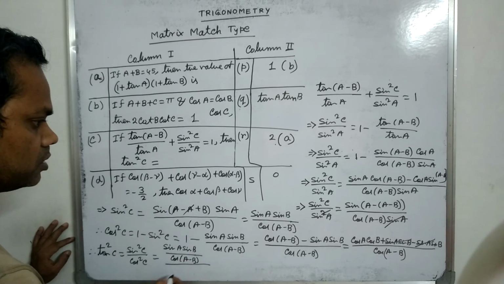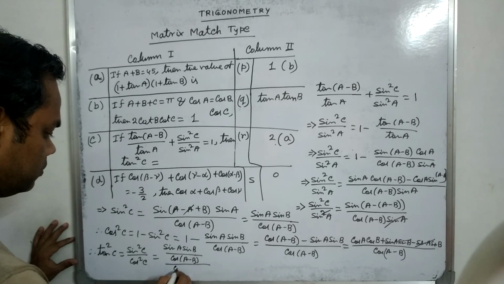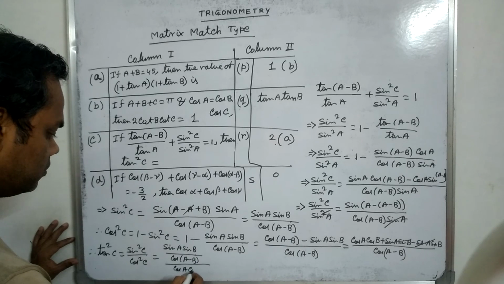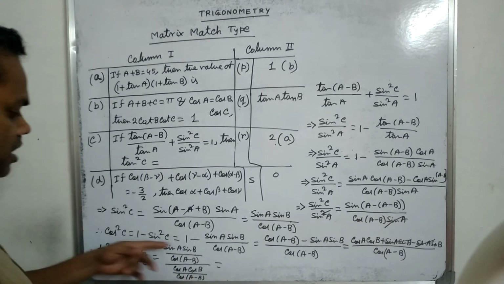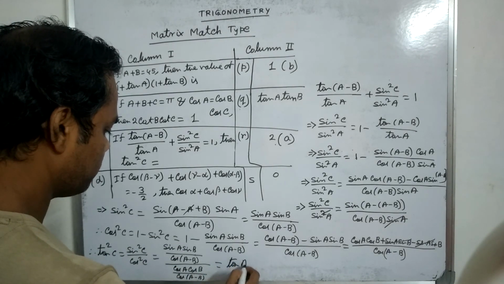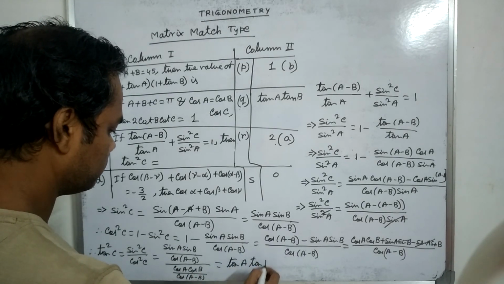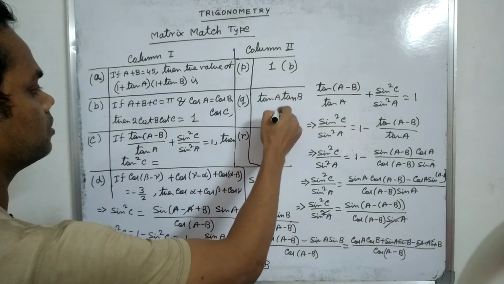Cos square C is cos A cos B by cos (A minus B). Now cos (A minus B) cancels each other, and sin A sin B by cos A cos B is tan A tan B. So this one is option C.